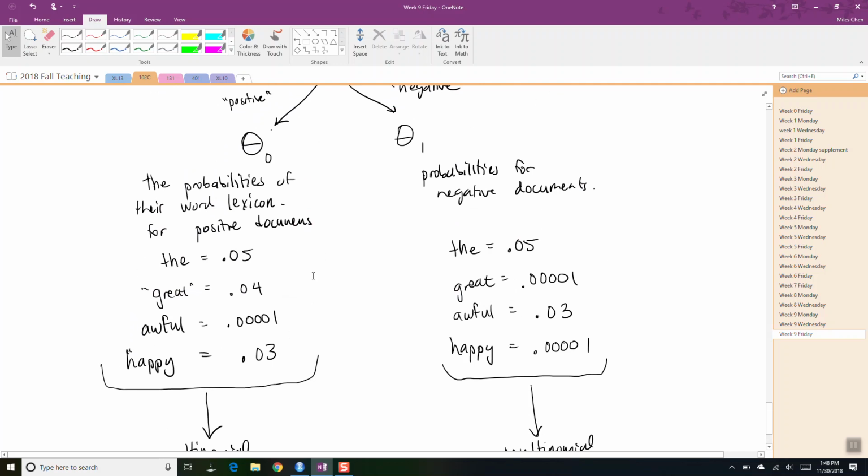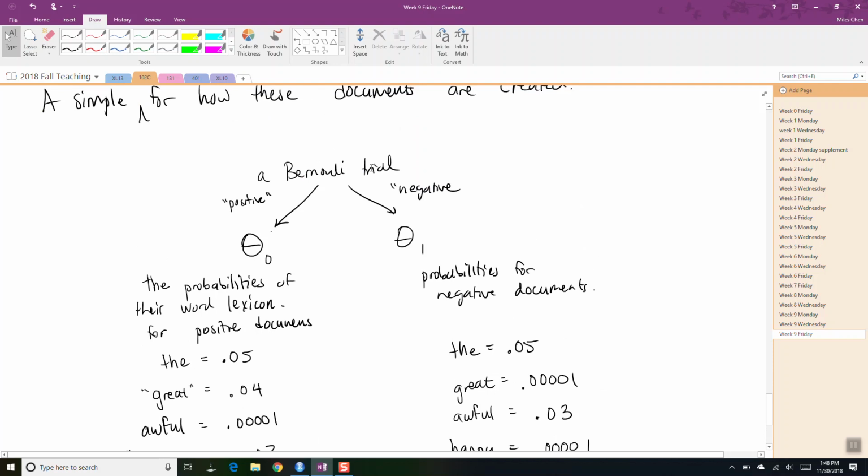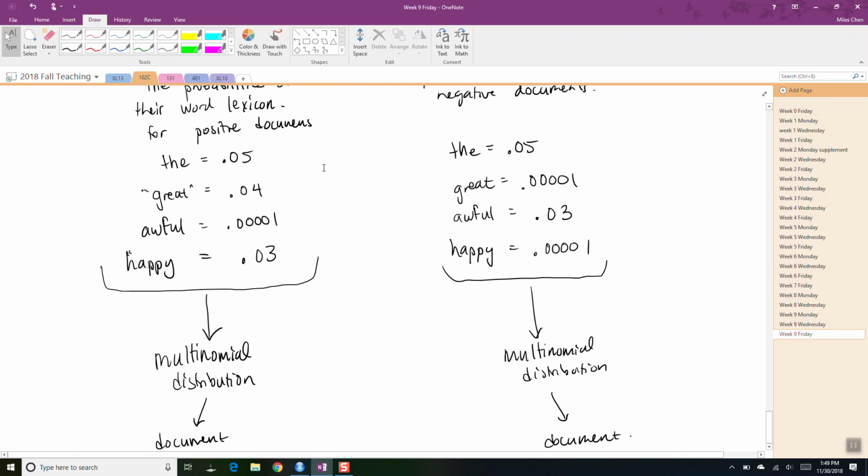The distribution of words in this lexicon and the distribution of words in this lexicon. And we also need to infer back the probability for the Bernoulli trial that says, I'm going to decide to make a positive or negative tweet today, okay? And so that's where we're going to explore this next week, with the Gibbs sampler, because this allows us to do that.